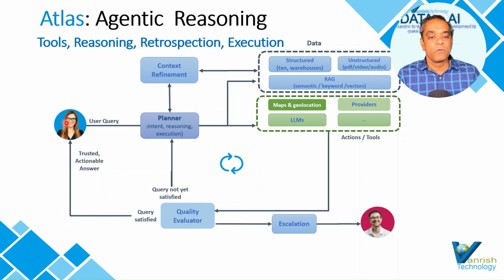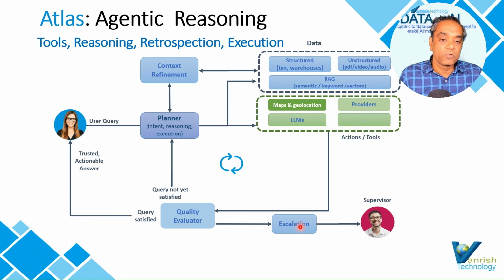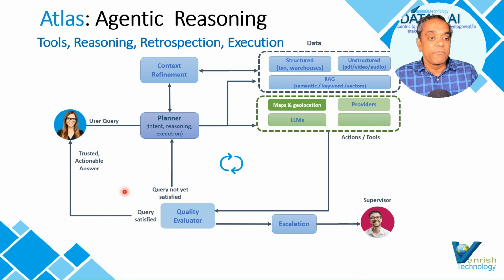But if somehow at one of the trigger points your information is not satisfied, then it will go to the escalation path, where the human in the loop comes into the picture, where a real human or real supervisor for the AI agent comes in and helps out your user. That is how the agentic reasoning engine works overall. And everything is based on your trust layer.